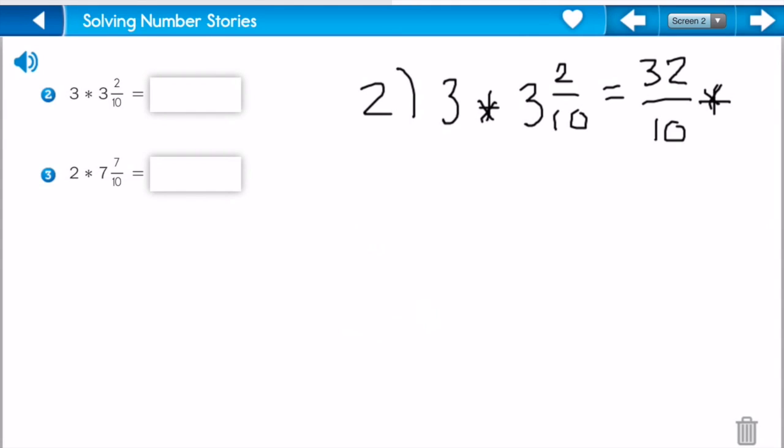And then I'm going to multiply that times 3. So what's 32 times 3? Yep, it would equal 96 over 10, because we leave our denominator the same. And so if we simplify 96 over 10, what would that be?